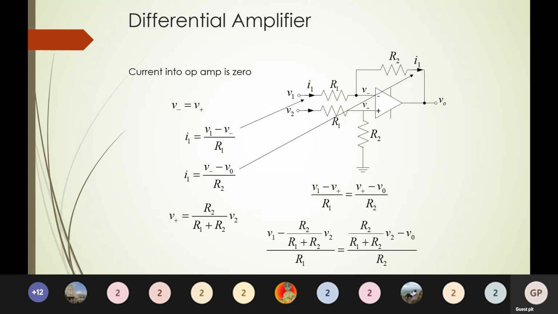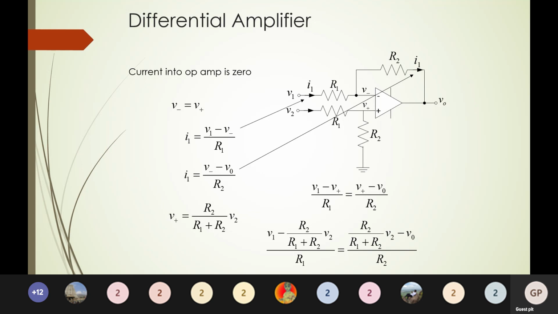Now let me write the expression for this point, that is V plus. We were writing expressions at the inverting node; now let me write one at this node. Applying the voltage divider rule, the voltage at this point will be the total voltage times R2 divided by R1 plus R2. That is V plus.